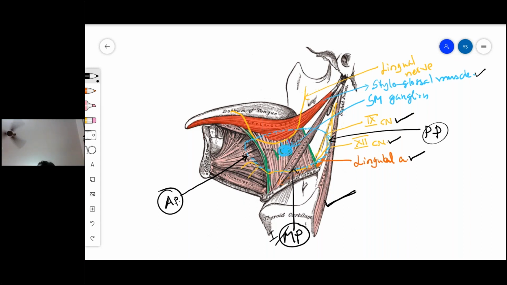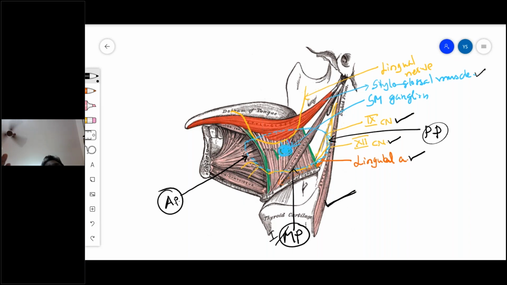So what are the 5 relations? Again, repeat here, see and tell. Styloglossus muscle, 9th cranial nerve, 12th cranial nerve, lingual artery, stylopharyngeus muscle. These are the superficial part relations, that is, the medial surface relations.